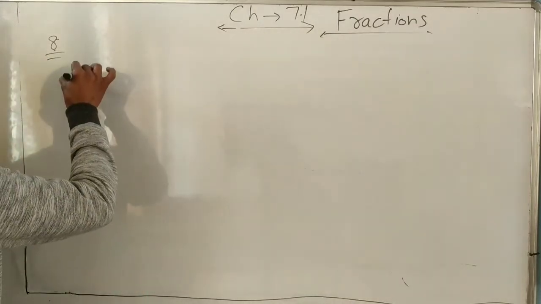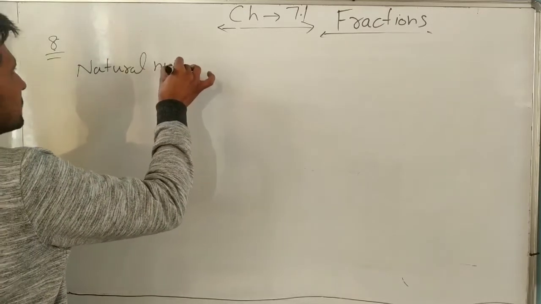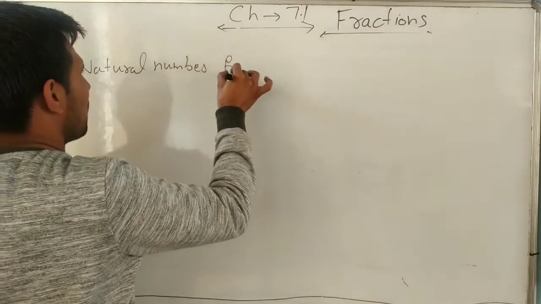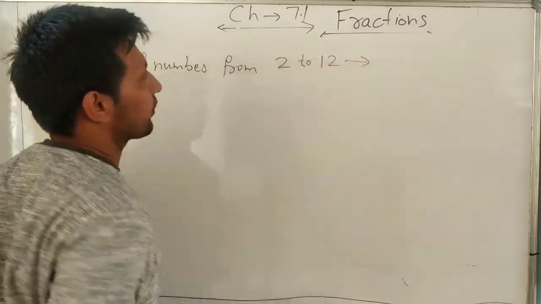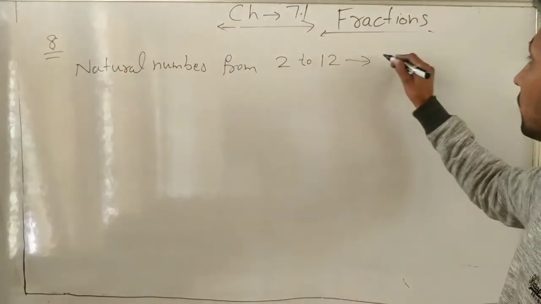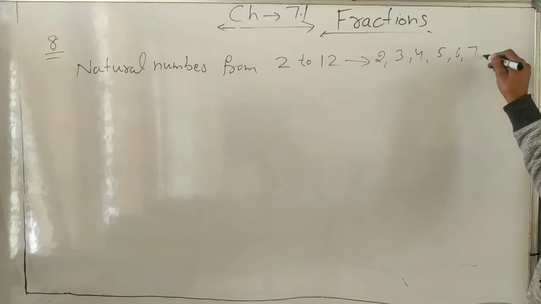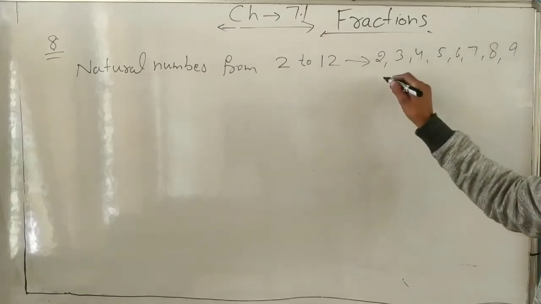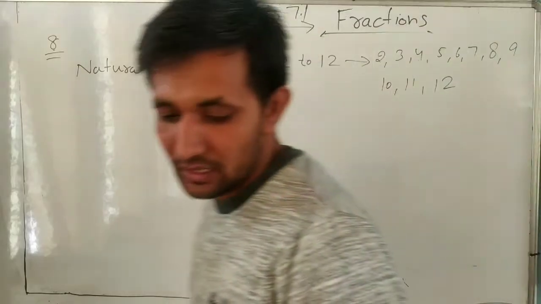So first you write the natural numbers from 2 to 12. What numbers are from 2 to 12? Natural numbers: 2, 3, 4, 5, 6, 7, 8, 9, 10, 11, 12.